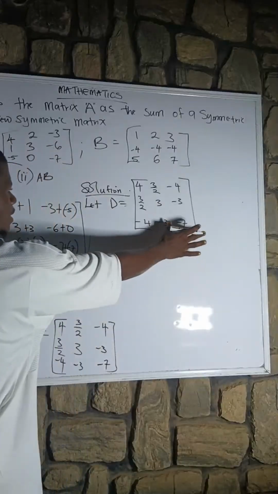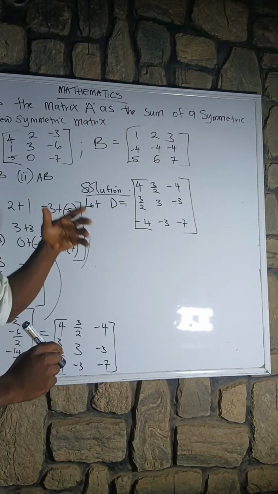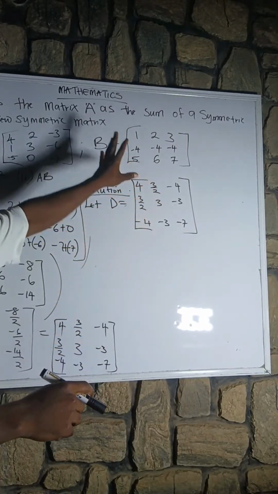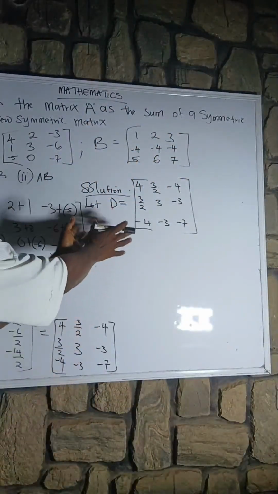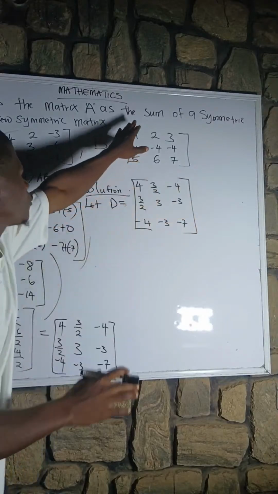So this is our D. We are going to be using it in future so that we can determine the sum of the symmetric and skew symmetric. So now this is the solution for the symmetric.